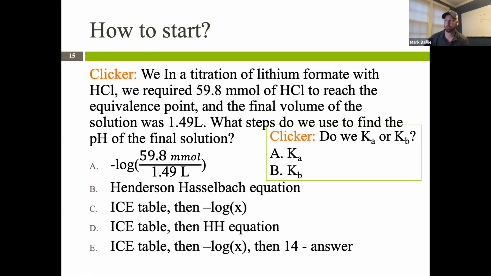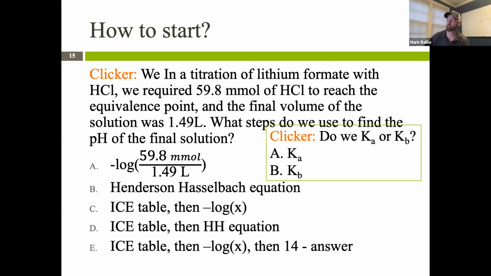So possibly, it depends, but what you've probably noticed from going to the reference section in OWL is that if we're starting with a conjugate base, like lithium formate, the definition is formic acid is an acid, and lithium formate gives us the conjugate base, as opposed to if we had a base like ammonia, that's a base for base's sake, and formate is really the conjugate base of a weak acid.